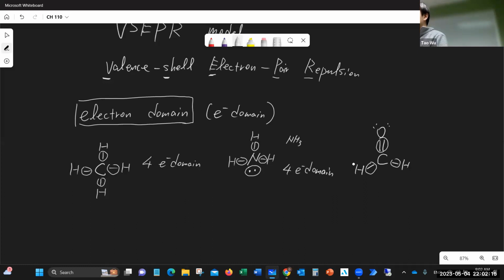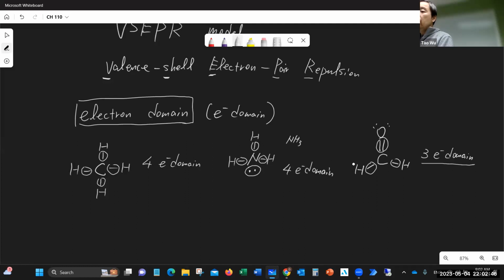The double bond only counts as 1 electron domain. So this only has 3 electron domains instead of 4. Double bonds and triple bonds all count as 1 electron domain. So you see, they have 2 single bonds and 1 double bond, then the central carbon here contains 3 electron domains instead of 4.